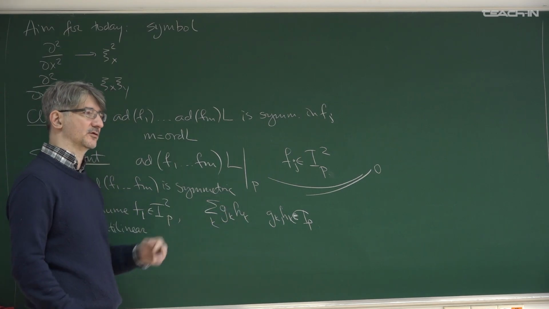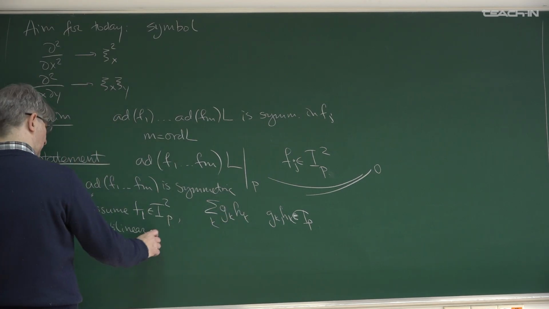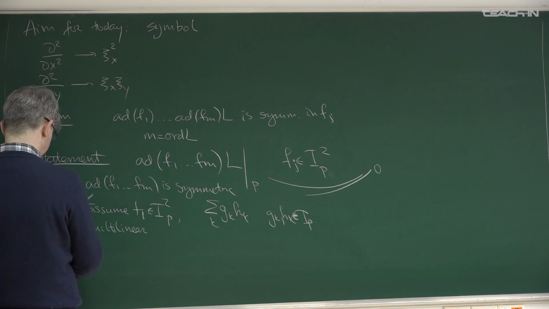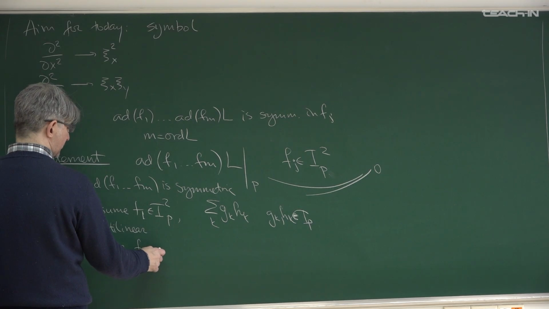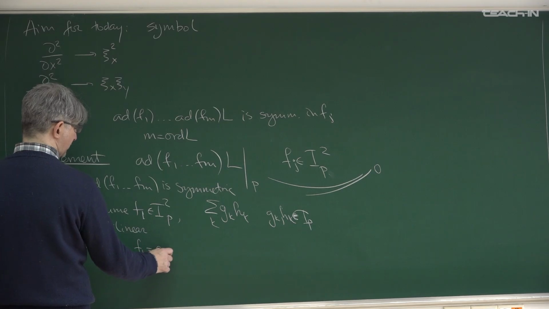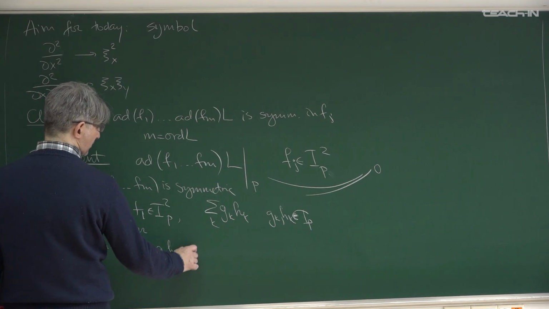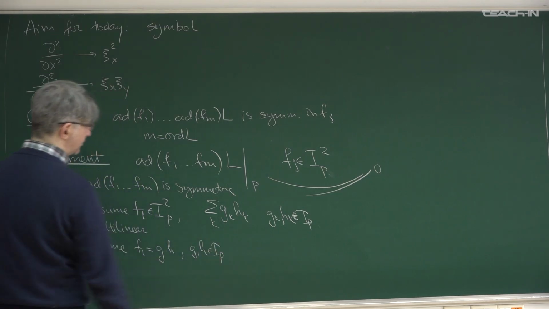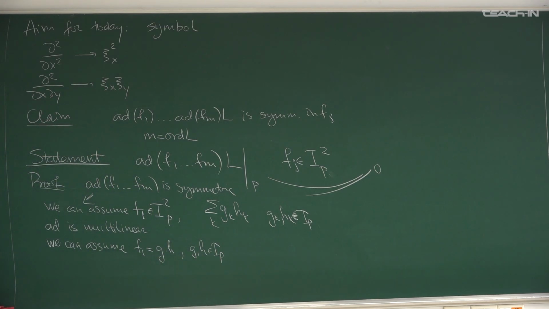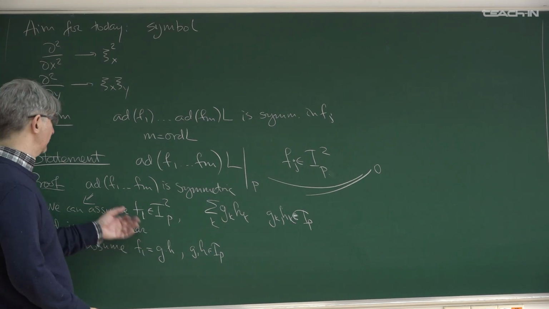It's just a product of two functions. We can assume that f1 is just g times h, and both functions belong to the ideal of functions which vanish at the point P. I don't worry about the sum because it's multilinear.